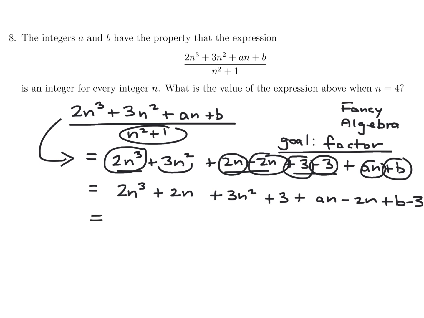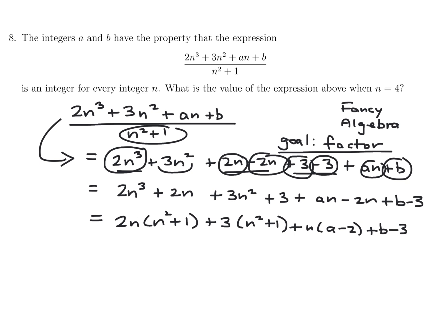Okay, so now I can factor. So this one, 2n times (n squared plus 1). And then the 3 times (n squared plus 1). And then from here, n times (a minus 2). And then the b minus 3 sort of just hangs out by itself. So now we have (n squared plus 1) times (2n plus 3), plus n(a minus 2), plus b minus 3.